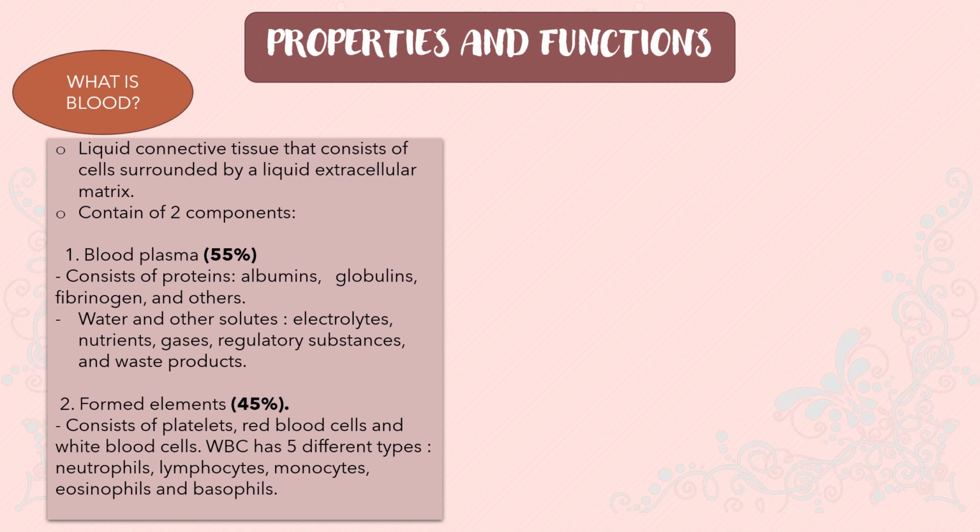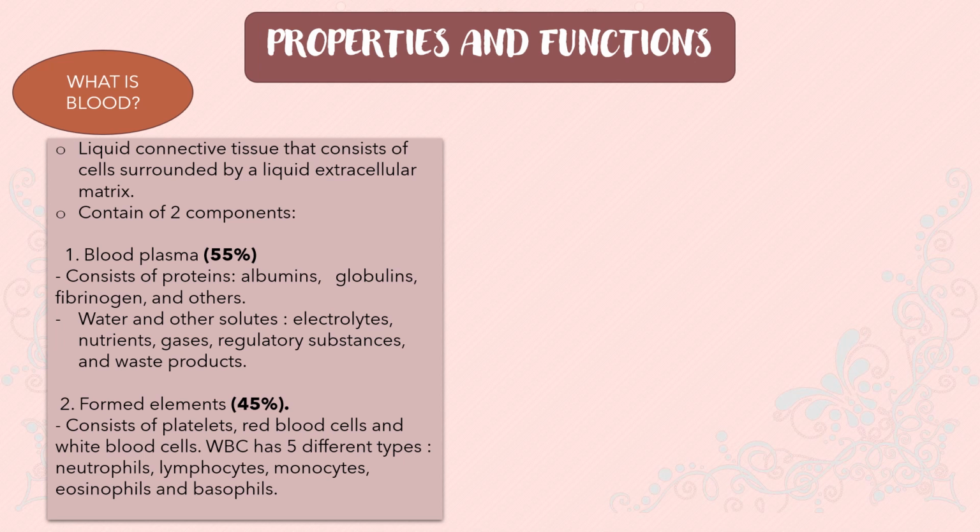So blood plasma consists of proteins such as albumins, globulins, fibrinogens, and others. And it also consists of water and other solutes such as electrolytes, nutrients, gases, regulatory substances, and waste products. For the formed elements, it consists of platelets, red blood cells, and white blood cells.